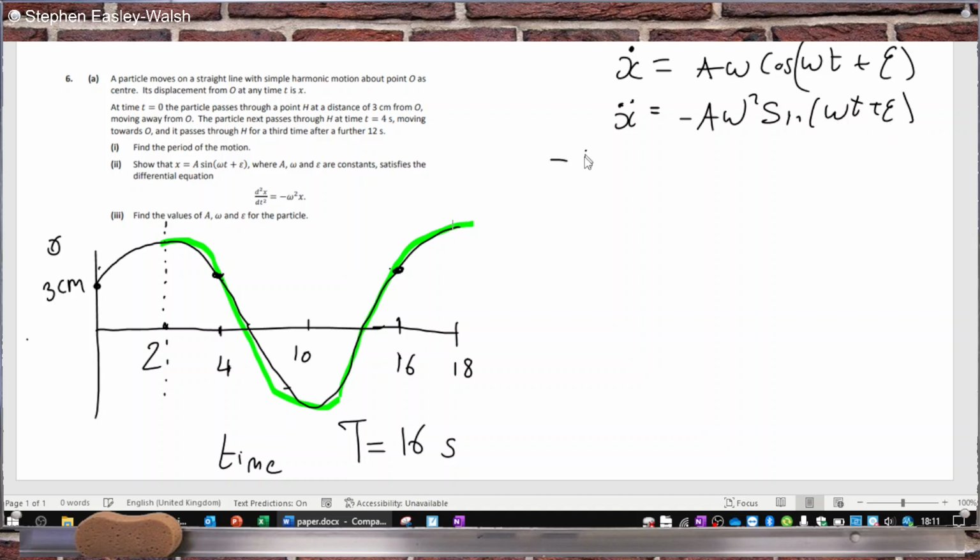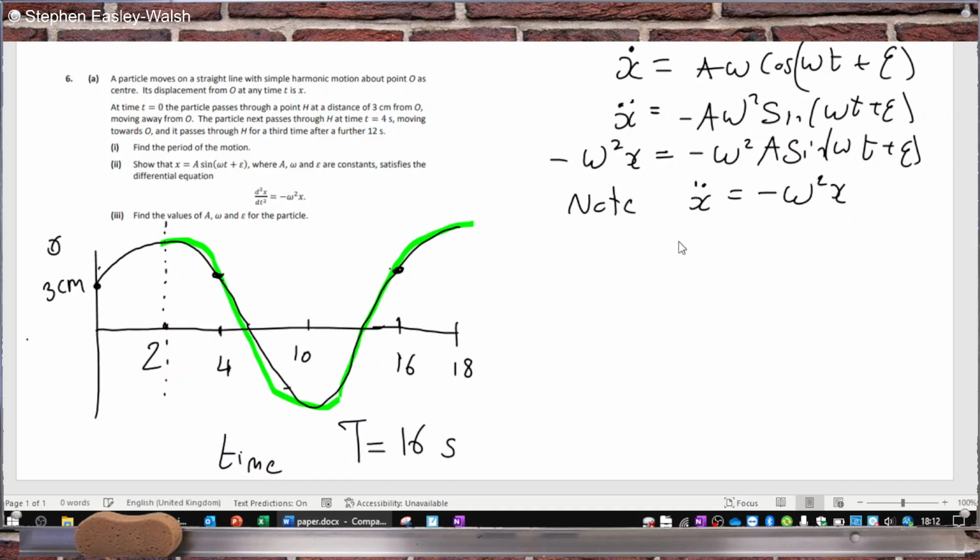And then note that minus omega squared x would equal minus omega squared a sin(omega t plus epsilon). And you can note clearly now that the second derivative of x is the same as minus omega squared x. So that's all fine.